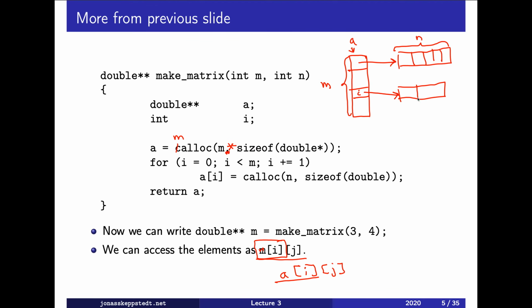And then we find element j in that, using the pointer there and indexing it with j. So it's a two-step way to get to the proper element.